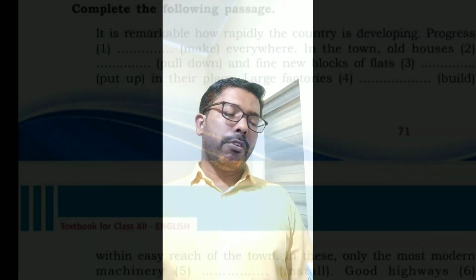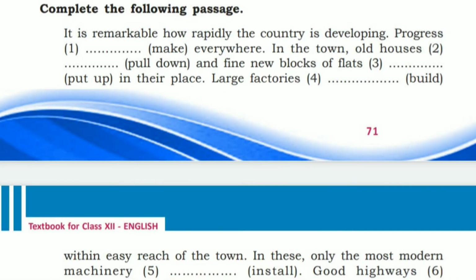So such usage is passive form. Here are given some sentences that you read. All these are very easy for you. You can read them simply and try to understand all these things. Then complete the following passage. You have to complete this passage using passive form.